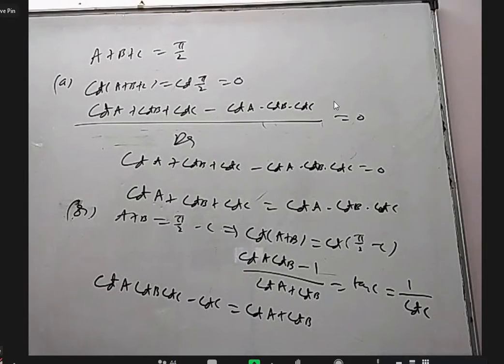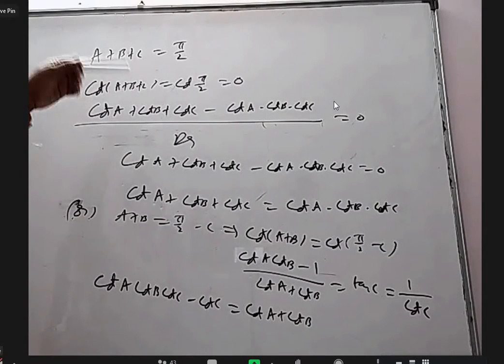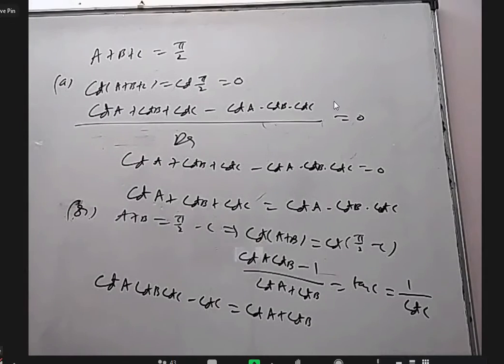Either compound angles formula, that is for 2 things, or you can use for 3 things. So of that you apply tan on both sides. Tan 90 is undefined. This denominator should be 0.